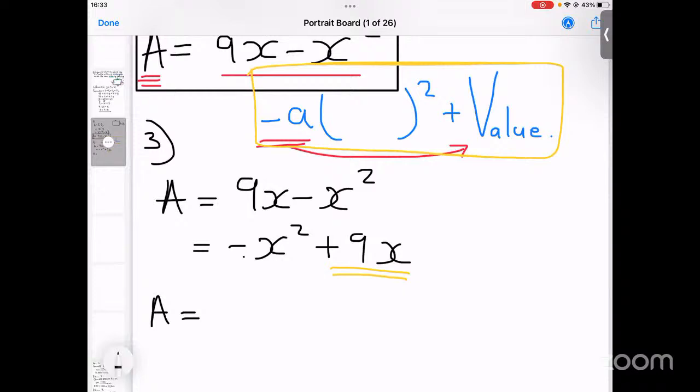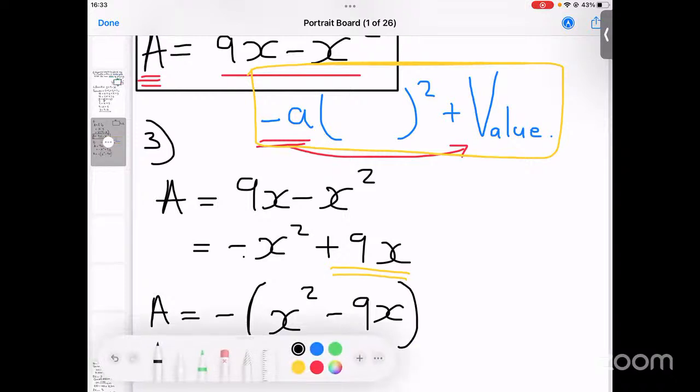Let us take out that negative, so that we will easily be able to do our thing there. So if we take out the negative, we end up having negative (x squared minus 9x), and then we do that.